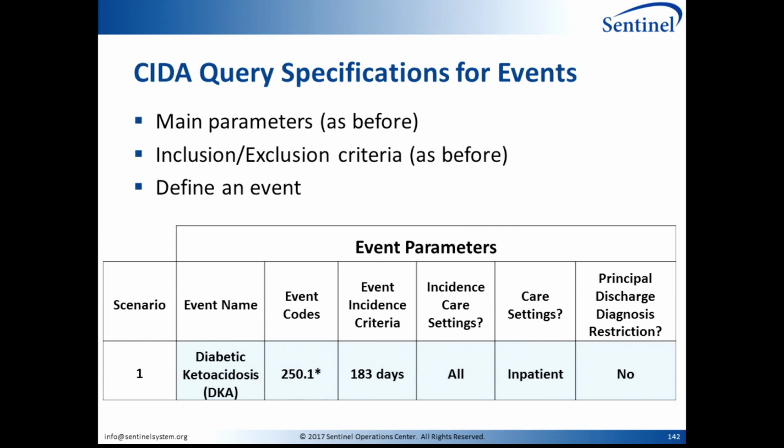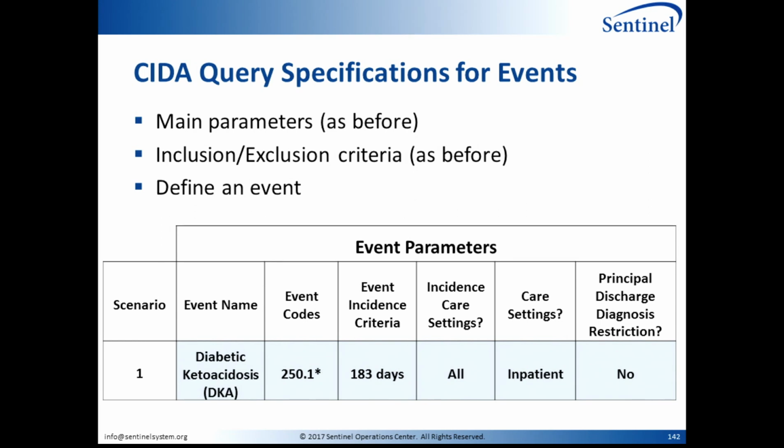That event and incidence criteria relates to saying, I'm not going to have had that event in the prior 183 days. In this case, I'm going to look for any evidence of that event, meaning in all settings prior, any event that happened is going to disqualify me from being able to experience that event in the future. Additionally, when I look for the event, I'm going to look for it in the inpatient setting only. Why is that important?